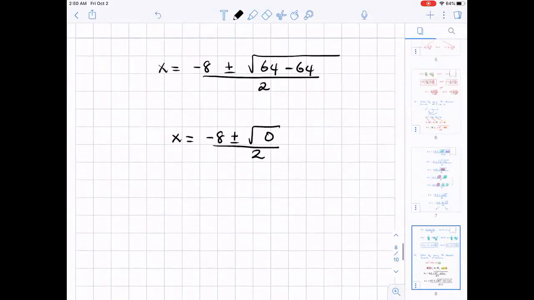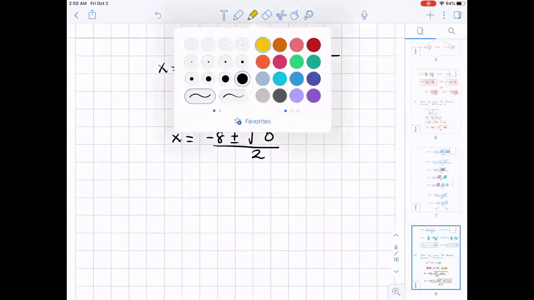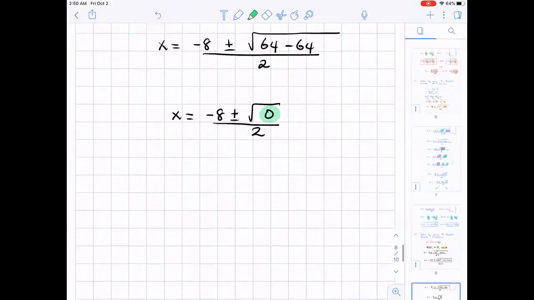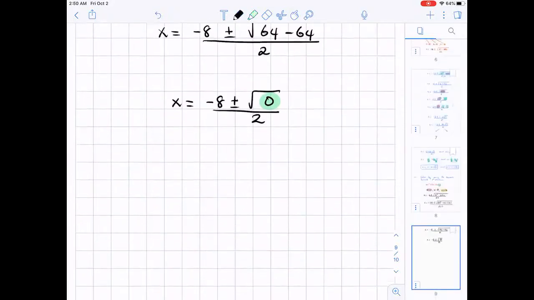Keep in mind here, what I wanted to point out is what happens when the discriminant is 0. Well, the square root of 0 is 0, so x is equal to minus 8 plus or minus 0.